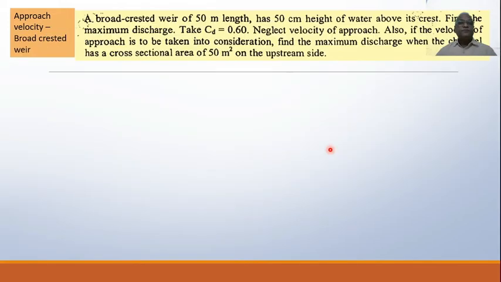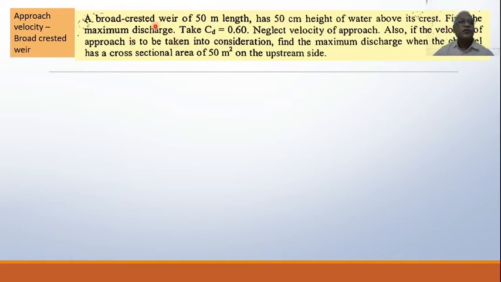Okay, next one. Here the problem is given. It's a broad crested weir, and we have to deal with the velocity of approach here also. It's given like this. Broad crested weir of 50 meters length has 50 centimeter height of water above its crest. Head is given, length is given. Find the maximum discharge.